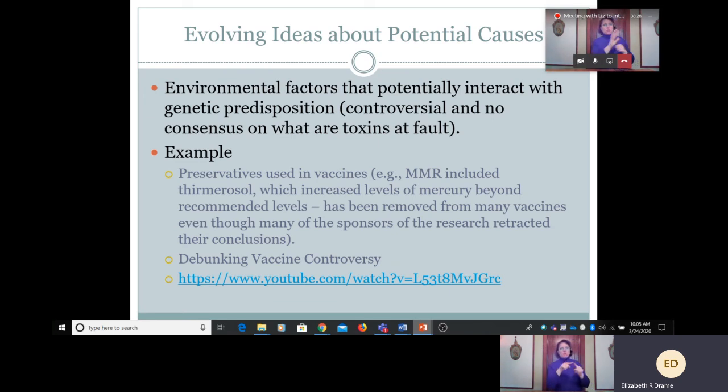But basically that whole thinking led to many families refusing to give their children the measles, mumps, rubella vaccine, which is highly problematic because these are diseases that could be prevented through vaccination. I don't know if you heard of an outbreak of measles in New York in a religious community that didn't believe in vaccination.